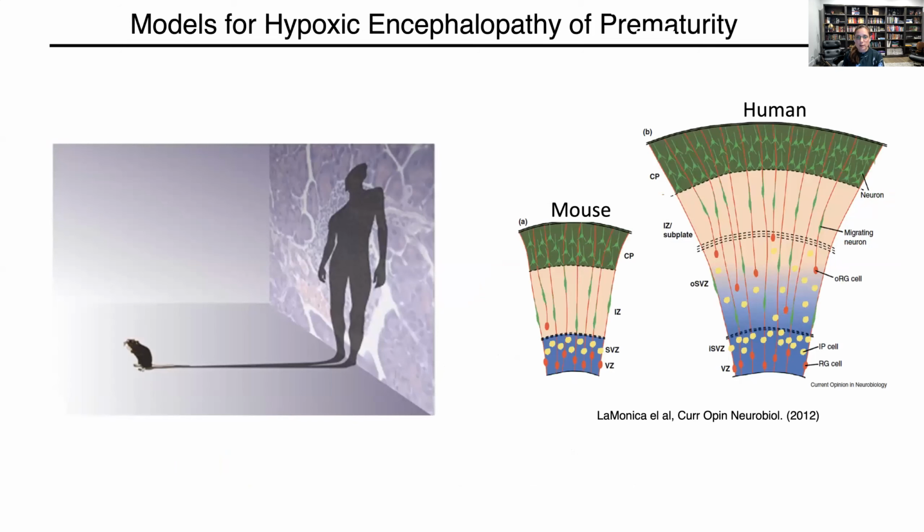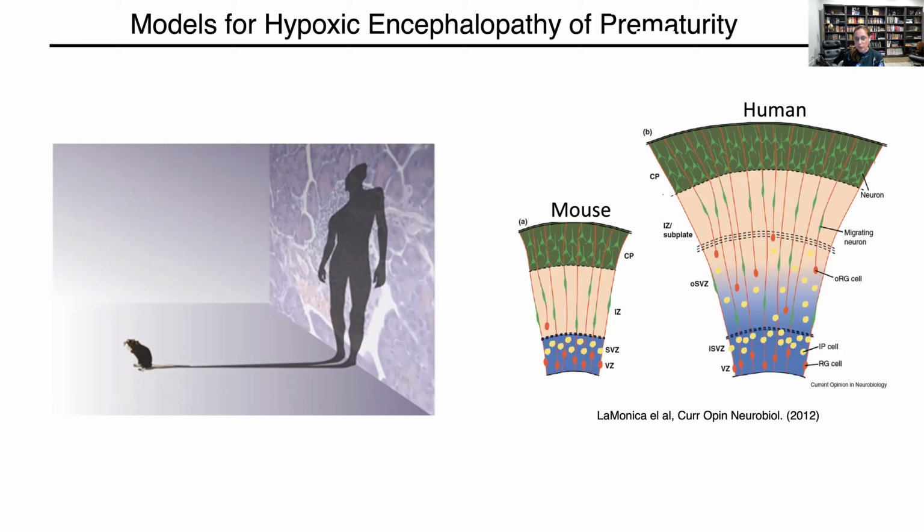And the fact that we don't have therapies or biomarkers for injury or recovery is not because of lack of trying. We've learned a lot from rodent models, which are the most commonly used animal model to study prematurity and diseases associated with prematurity.